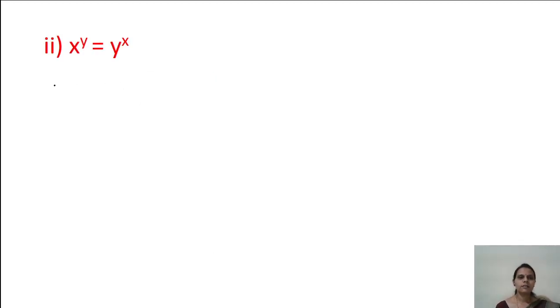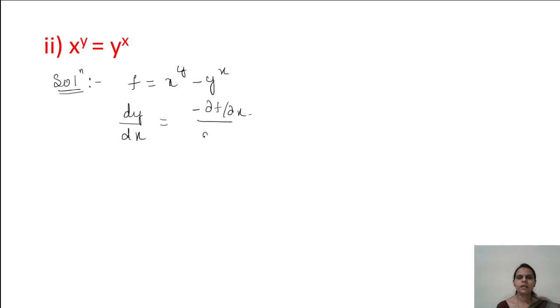Next, given x^y = y^x, let us take f = x^y − y^x. So now dy/dx is given by −(∂f/∂x)/(∂f/∂y). ∂f/∂x is the differentiation of f with respect to x partially.